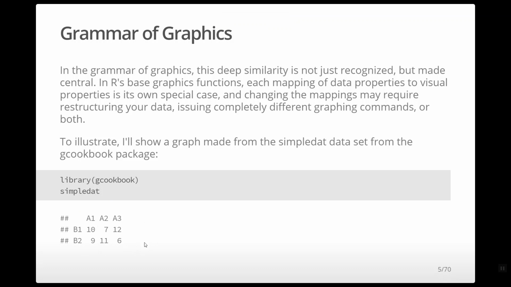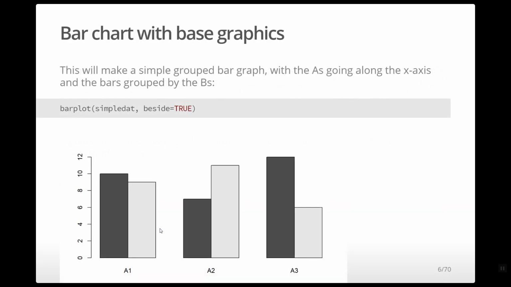But this is a matrix, and it says A1 and B1 has 10, A2 and B1 has 7, and so on and so forth, okay? So this is just a little matrix there, and you could throw this into base graphics and say something like, I want a bar plot, and you use the option beside equals true, and it will plot these together, okay?